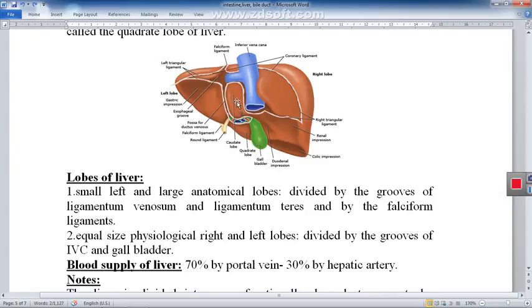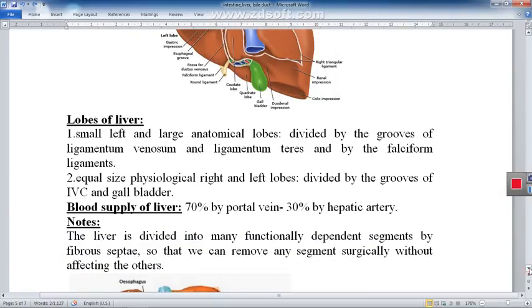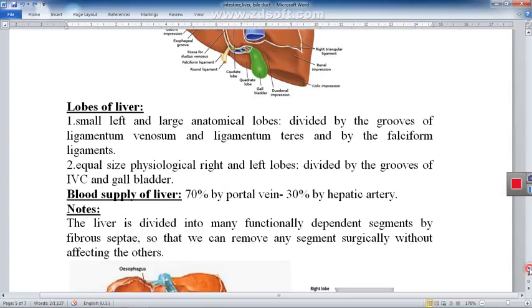Accordingly, the caudate lobe is part of the left functional lobe. Also, the quadrate lobe is part of the left functional or physiological lobe. Blood supply to the liver is 70% from the portal vein, 30% from the hepatic artery.